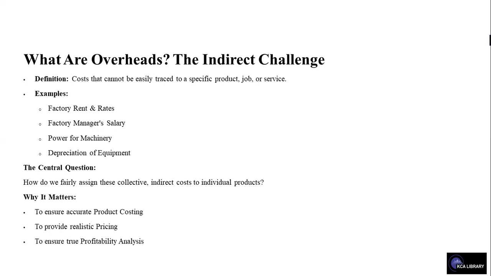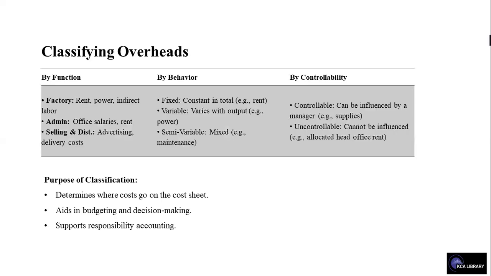profitability analysis. What are the classifications of overhead? We have by function, by behavior, and by controllability.